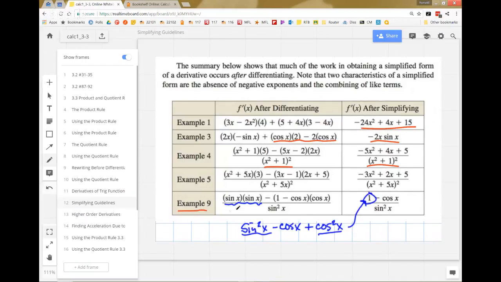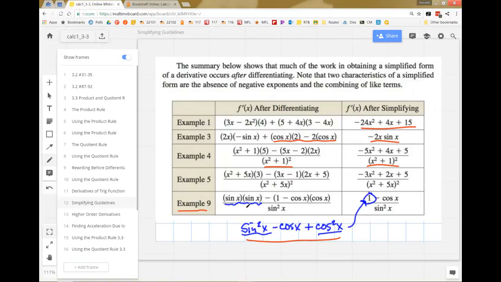Example 9, when you're doing a trig problem and you get an identity like sine squared plus cosine squared as part of it, you need to know that identity and replace it.